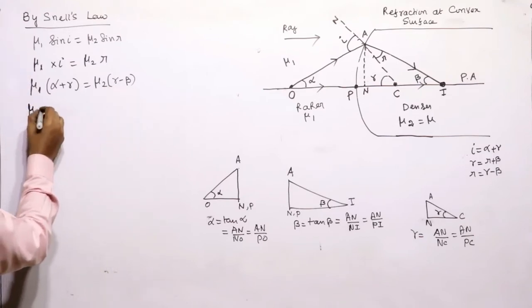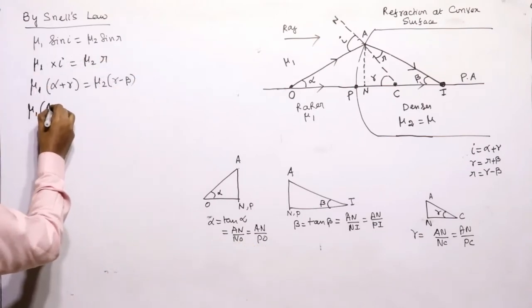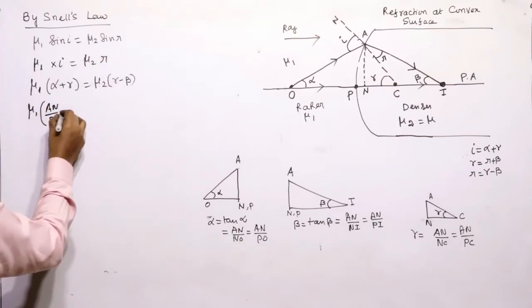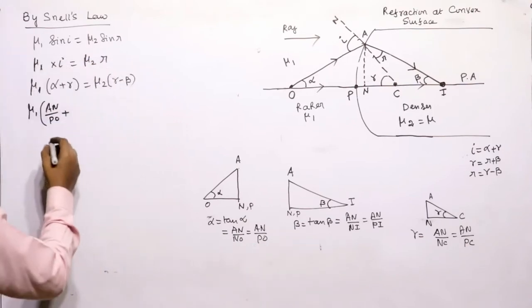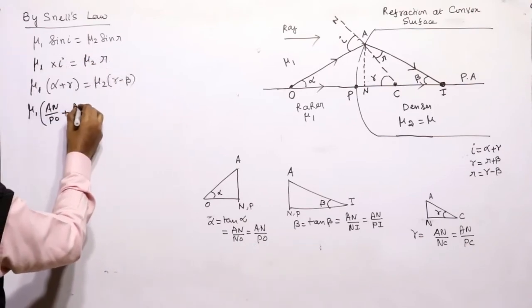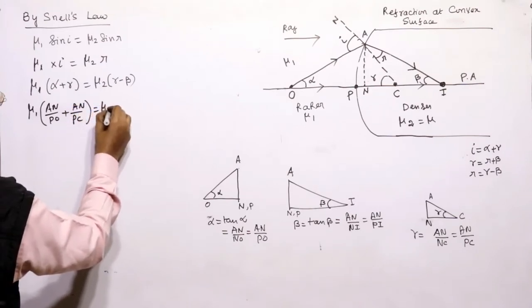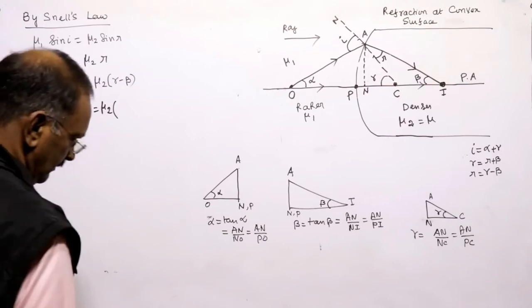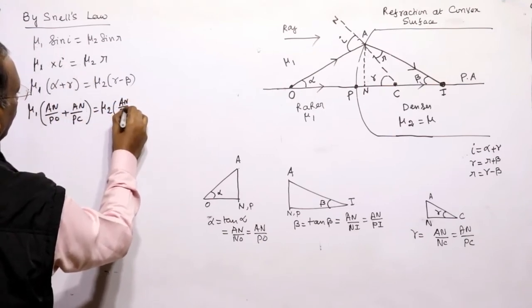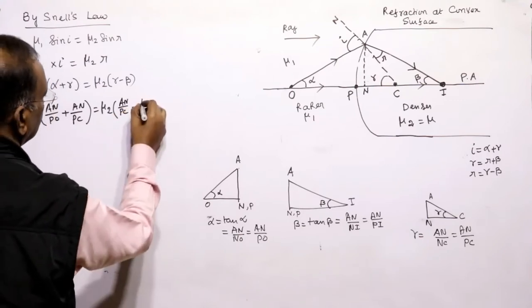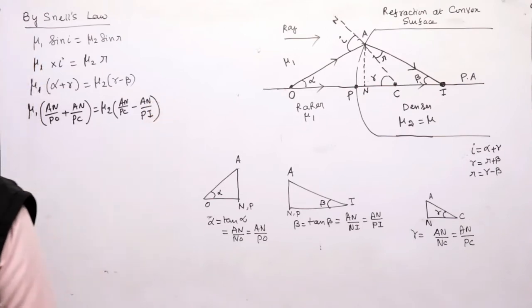So mu1 into AN by PO plus AN by PC is equal to mu2 into AN by PC minus AN by PI.